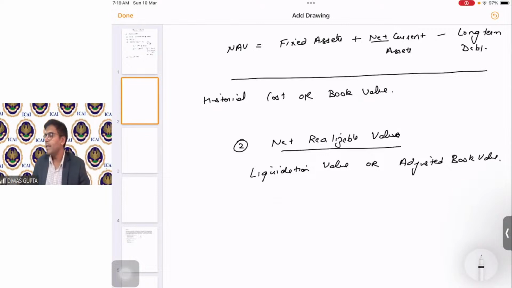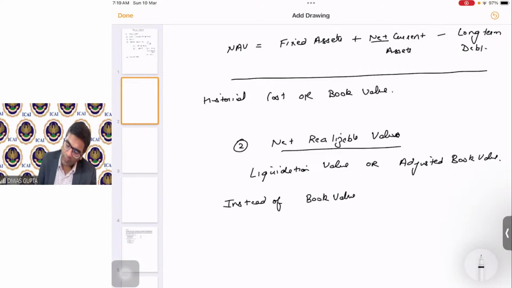Again, in this case we take the net realizable value of all the assets and liabilities: fixed assets, net current assets minus long-term debt. I'm just replacing book value with the net realizable value.